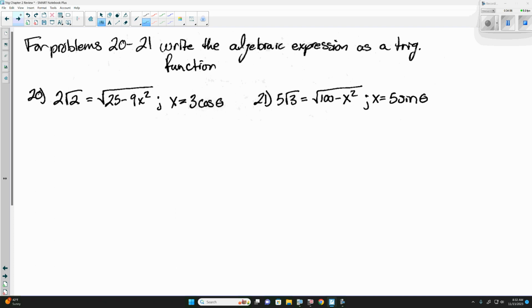So what we're going to do is replace x. We're going to plug 5 sine of theta into this here. So we have 5 square root of 3 is equal to the square root of 100 minus 5 sine of theta squared.